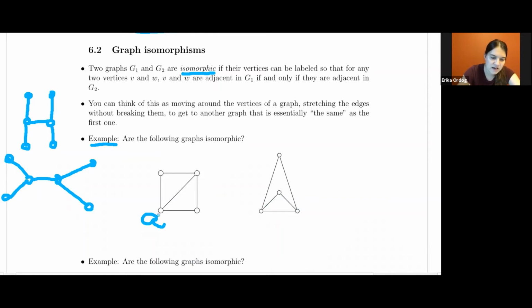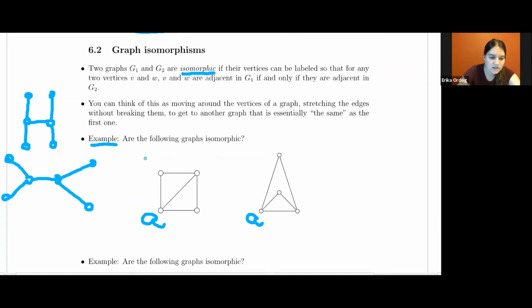Vertex A has degree 3, so we want to find a vertex of degree 3 here, because anytime this is adjacent to any other vertex, it has to be adjacent to those same vertices in this graph. So this vertex is degree 3. This graph is symmetric, so it doesn't matter if we pick this one or this one. So I'm just going to pick this one.